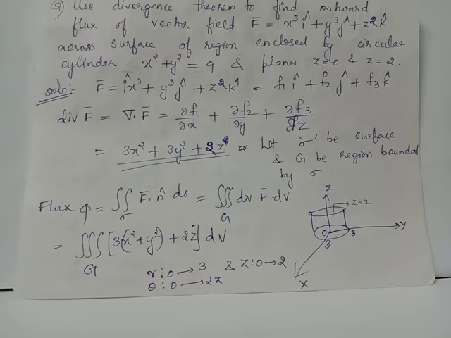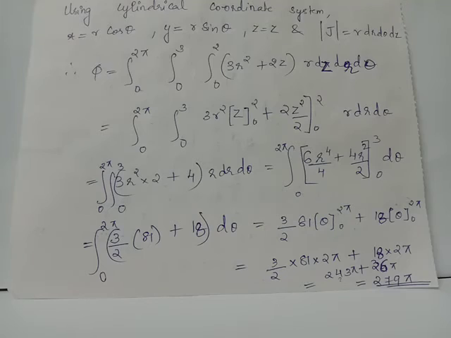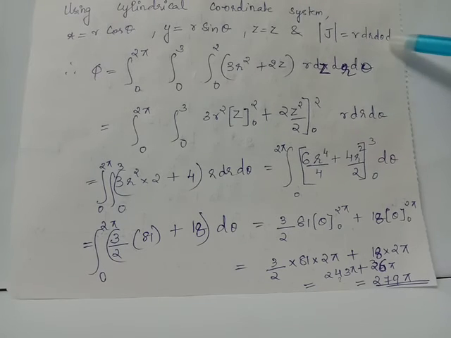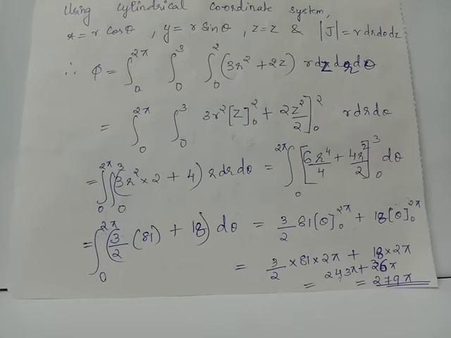Recall that the parametric equations when we change from Cartesian coordinate system to cylindrical coordinate system will be x equals r cos theta, y equals r sin theta, z equals z itself. Instead of dV, the volume element in the 3-dimensional Cartesian xyz space, dV has to be replaced by the corresponding Jacobian, which is r dr d theta dz.